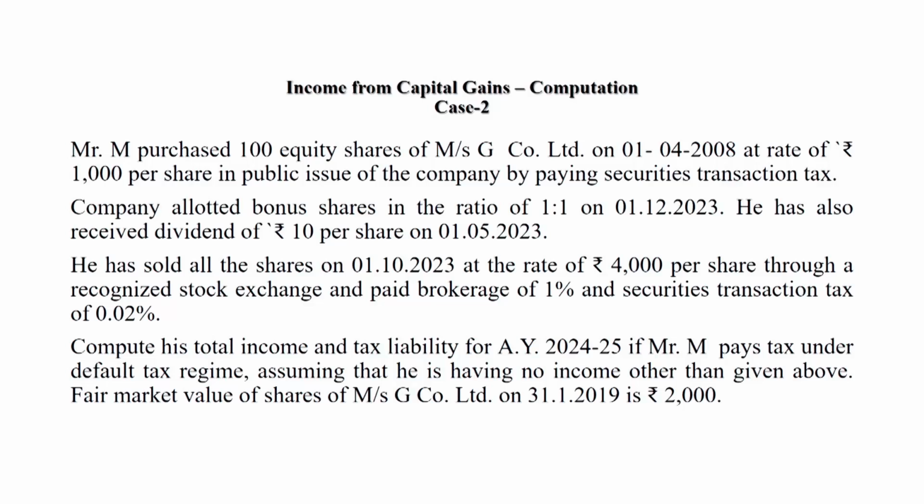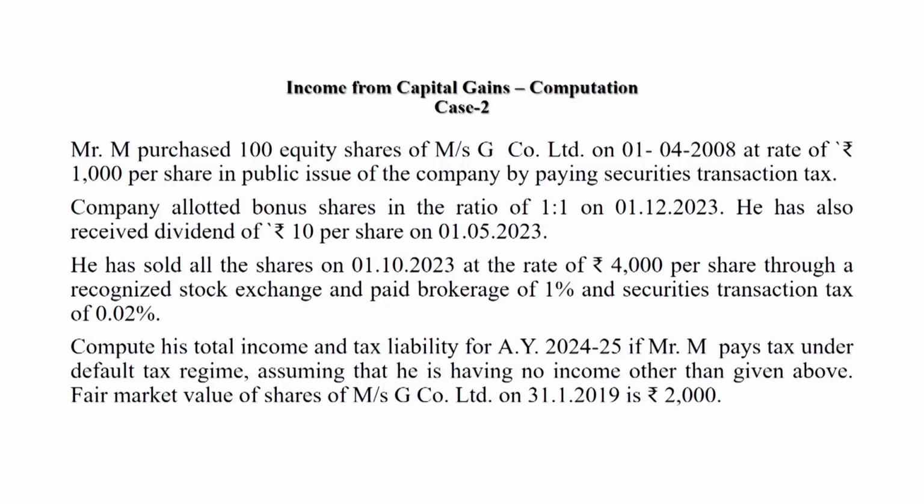It is required to compute his total income and tax liability for the assessment year 24-25 if Mr. M pays tax under the default tax regime, assuming that he has no income other than given above.